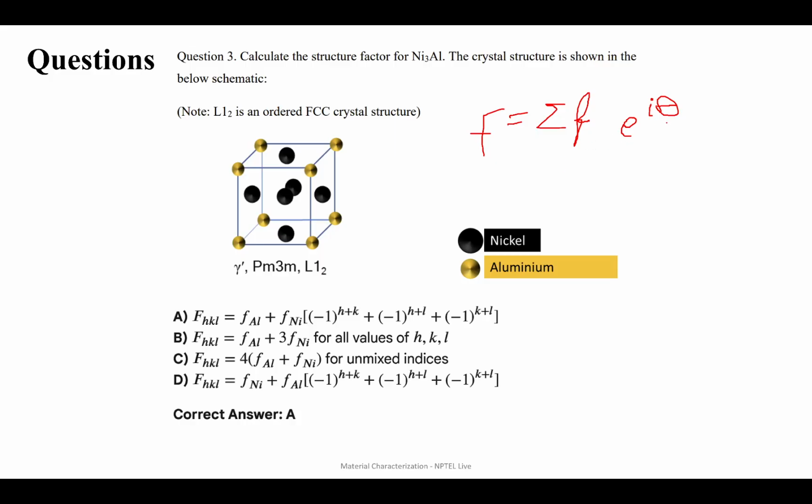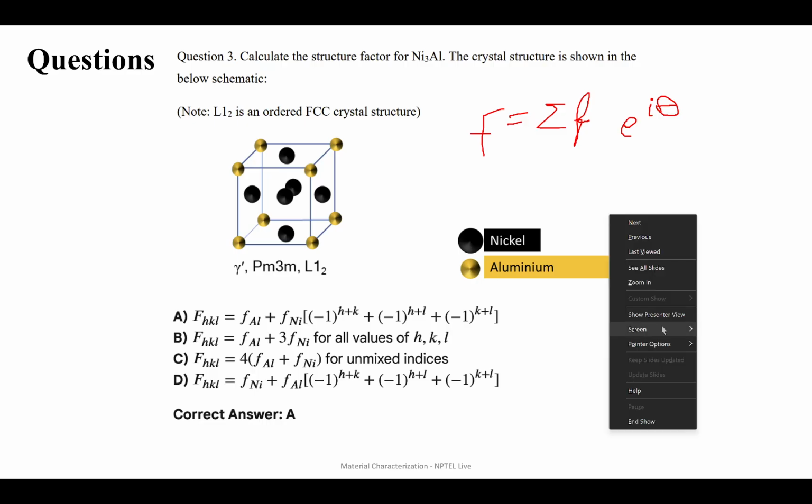F equals f e to the power iθ, which is your scattering angle, and the scattering angle can be written in terms of HKL.